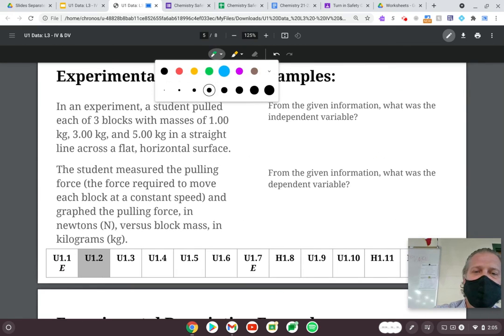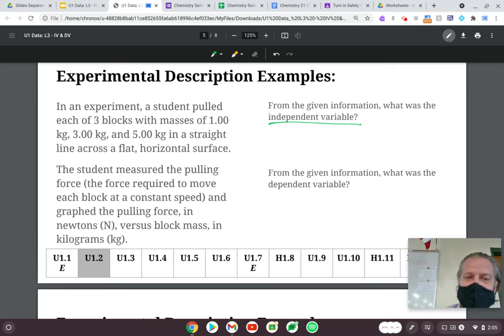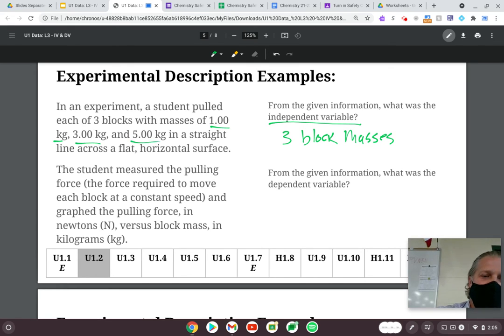If we're looking for the independent variable, I would say that's the block masses, because it was 1 kilogram and 3 kilograms and 5 kilograms, and that was something that clearly the experimenter or the scientist had some control over. What was the dependent variable?